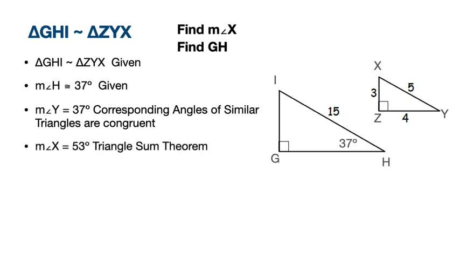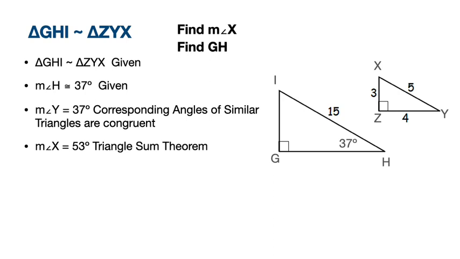Now I know that the measure of angle X will be 53 degrees by the triangle sum theorem, that 90 plus 37 plus 53 is equal to 180. And so I've solved part of the problem.